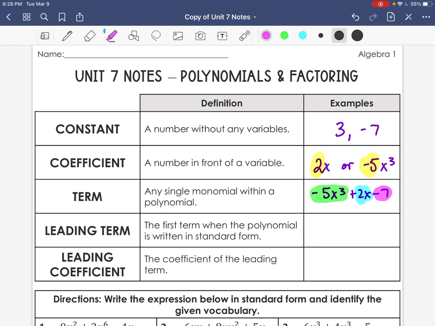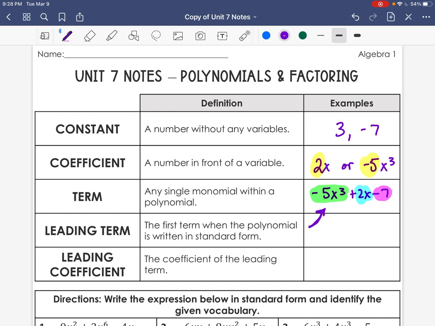The leading term is the first term when a polynomial is written in standard form. So if we look at this previous problem, then negative 5x to the third is that leading term. Hopefully that will make sense when you look at that later, that the leading term is negative 5x to the third.